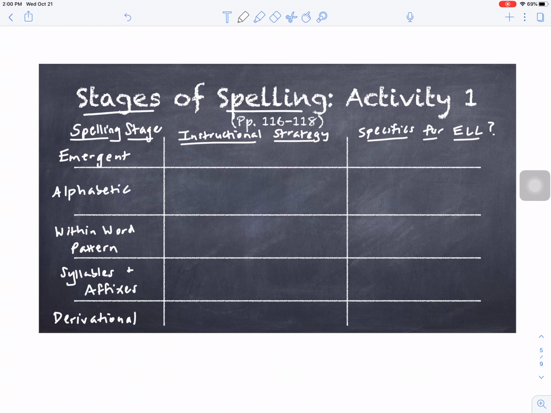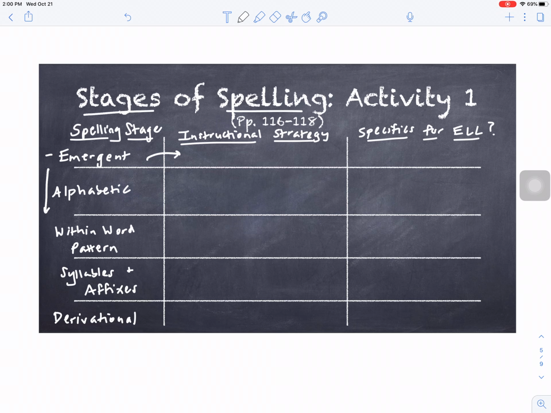So what I want you to do for this Stages of Spelling activity is to use your text, pages 116 to 118. Read about each of these stages, the emergent stage and on down. And you're going to write on this chart, so you can just screenshot it once you're done filling it out, an instructional strategy that your book talks about related to that particular stage.